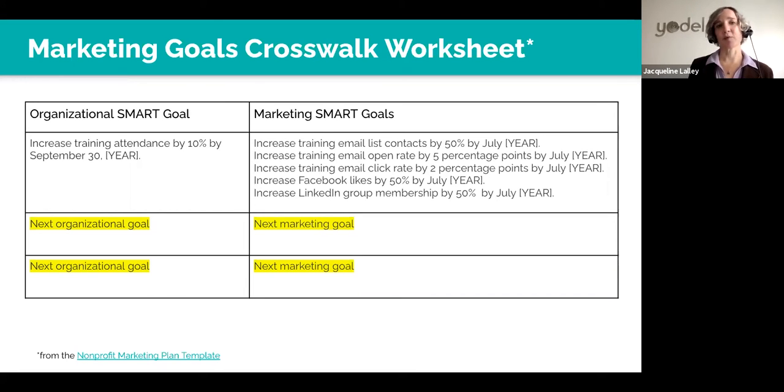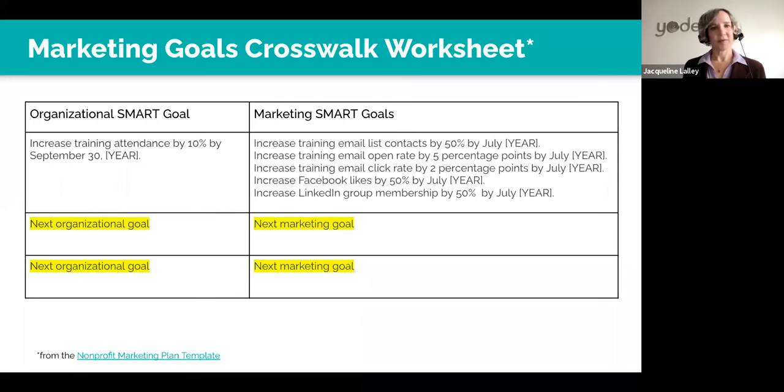Marketing goals that could support that sales goal or that organizational revenue goal would be: increase the training email list contacts by 50% by July; increase the open rate for those promotional emails around training by 5%; increase the click rate of those emails by 2% by X date; increase Facebook likes for our organization by 50% by July, so we're reaching more people with our promotions; increase LinkedIn group membership by 50%.